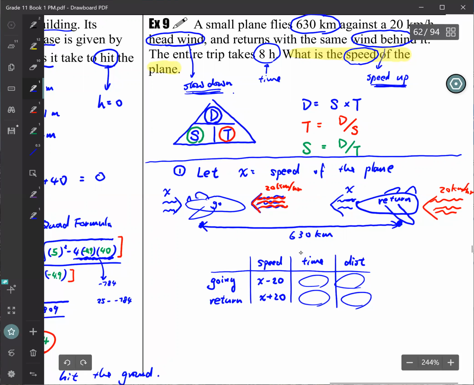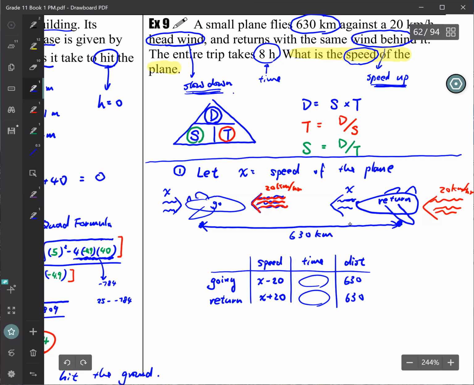Can we fill in the time or the distance? Which one do we know? The distance. Okay, so 630 for which one, the going or the return? Both. Both, very good. They both travel the same distance, so let's fill that in. 630.